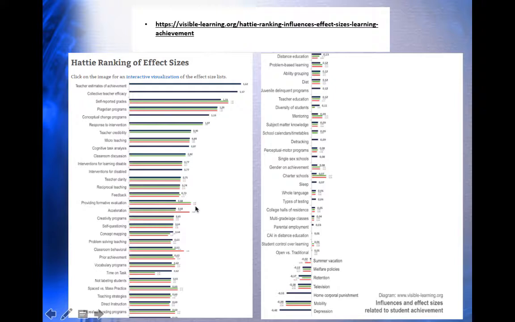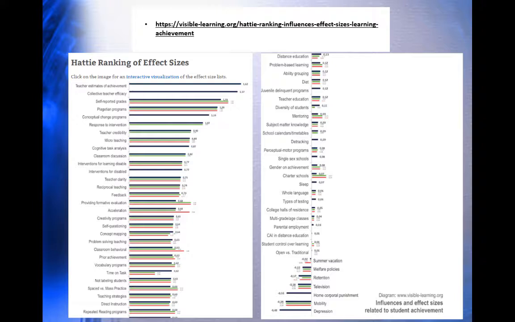What you're looking at here is student achievement. So what's related to student achievement? Well, teacher estimates of achievement and measured student achievement are a really big effect size, a really high correlation. The effect size is 1.62. You won't get a 1.62 effect size in any study that you do. This is a correlation coefficient that's converted. So teacher estimates of how well students do and how well students do are highly correlated, and that's really not much of a surprise.